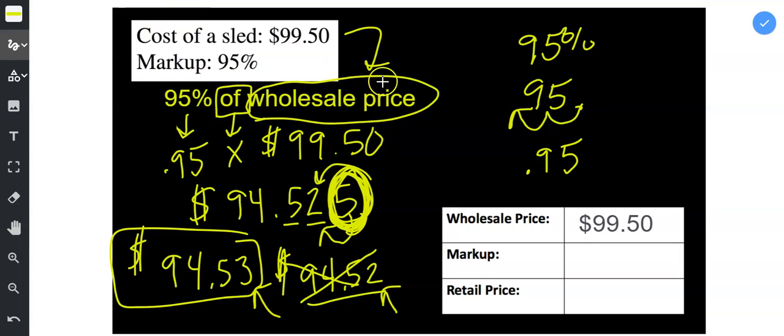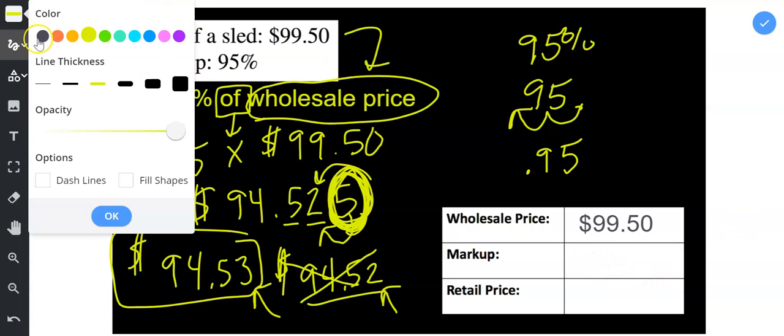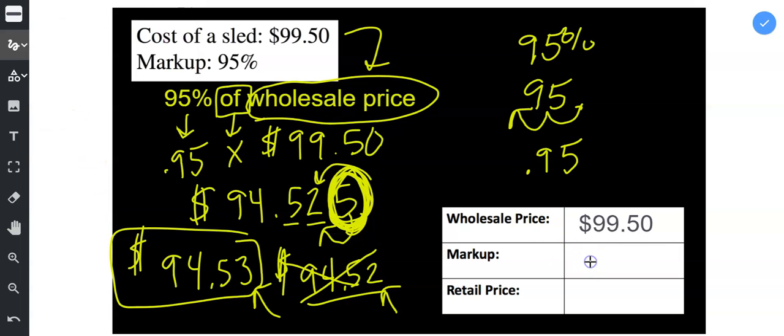Let me type that over here. So I'm putting it in our chart over here. The markup was, oh, I forgot to move to the text box. The markup was $94.53. The markup is almost the same price as the wholesale price.